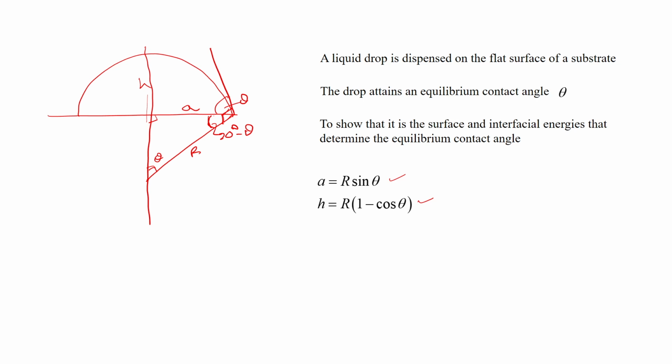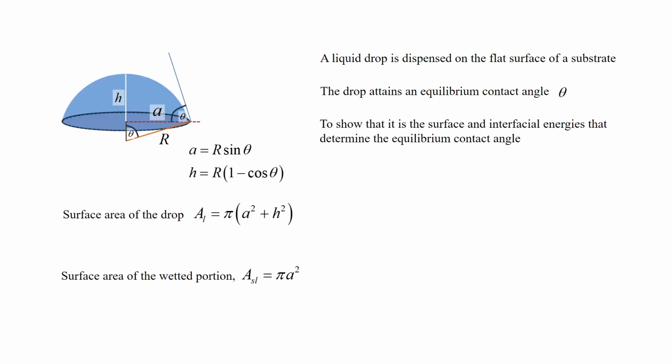So, we have to estimate the curved surface area of this liquid drop, this weighted area, and then also obtain the volume, which we get from the geometry of a spherical cap.